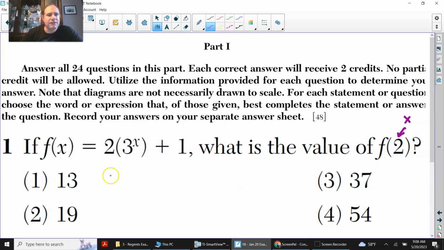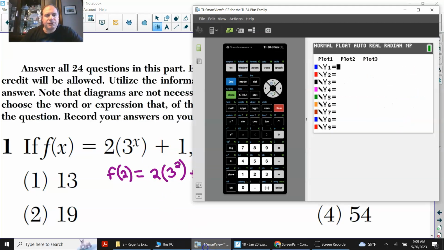So what they want you to do is substitute the 2 in everywhere you see the x.